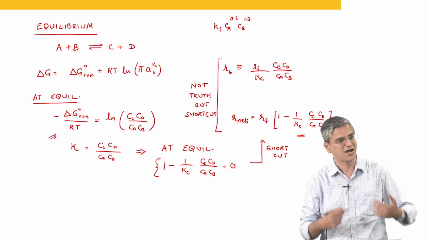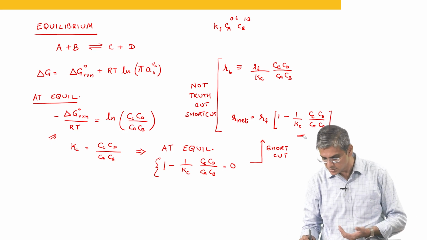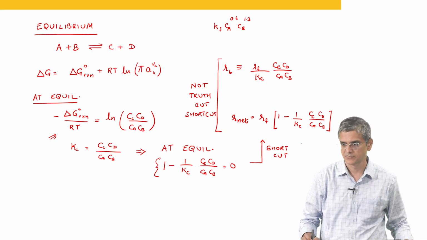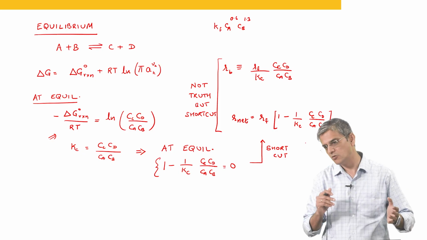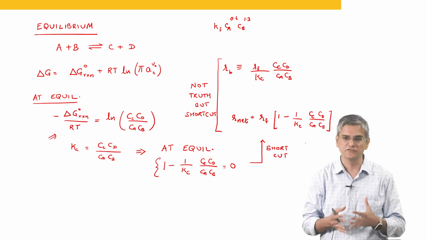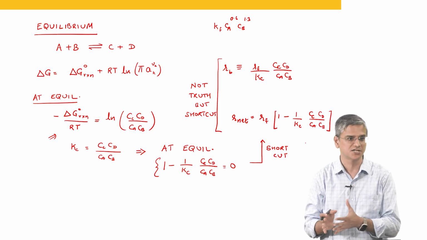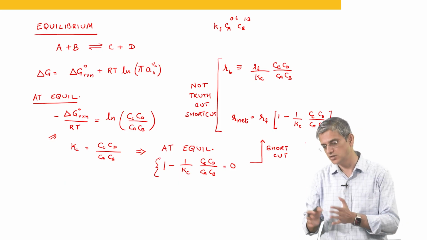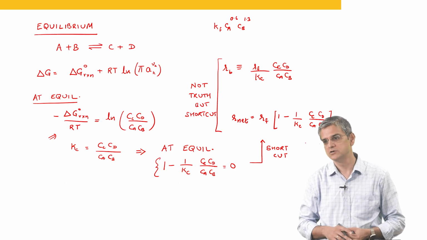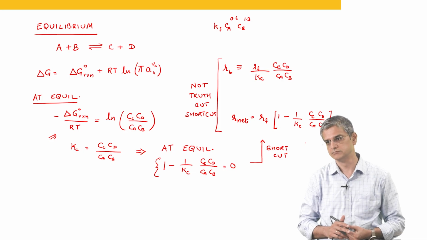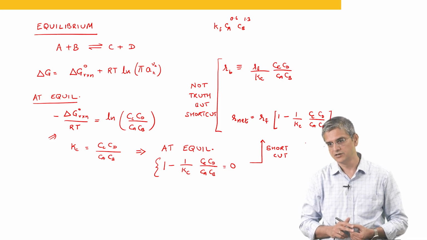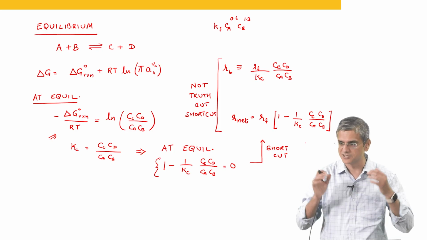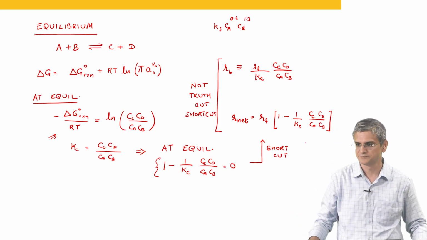If this has to be valid at each time, this is the most convenient way to ensure that it is valid, okay. So, for all of the expressions that we are going to look at in this particular class, you will see that they will all turn out to be in some form reducible to this form, okay. But do not take this as truth, that is why I have written it very clearly over here, it is a shortcut.